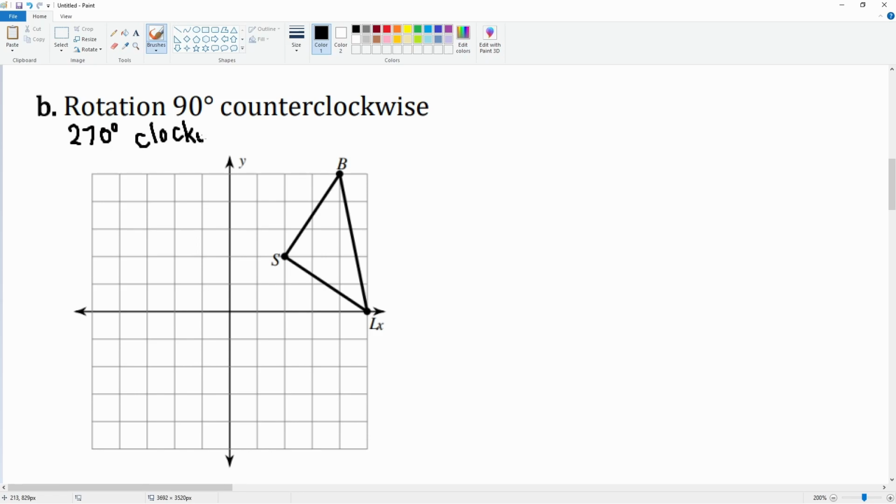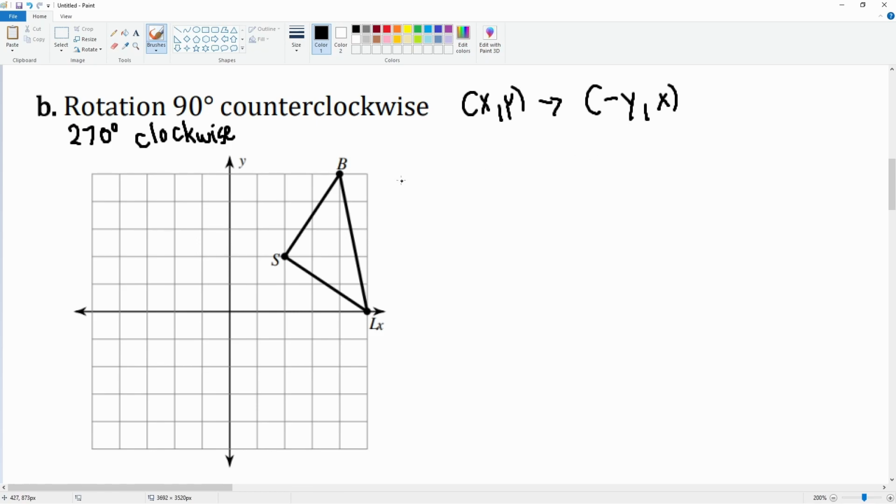The rule for this one would be x comma y becomes negative y comma x. Let me repeat that: you switch these two, the y goes first, then the x goes second, and the sign of the y changes.